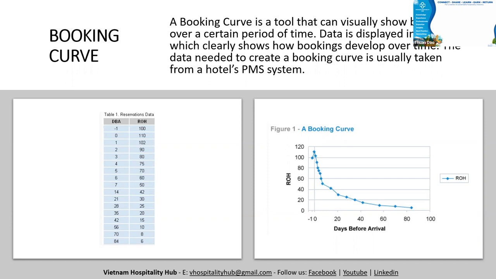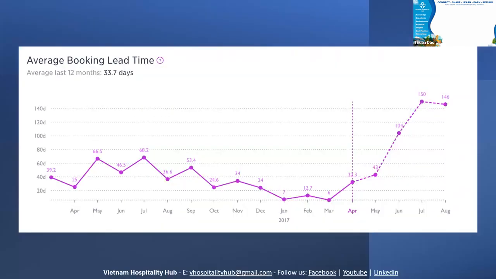All right. Now next, we're talking about booking lead time. Booking lead time tells you how far in advance the guest makes the booking. So on average, how far in advance does your customer make the booking with your hotel?